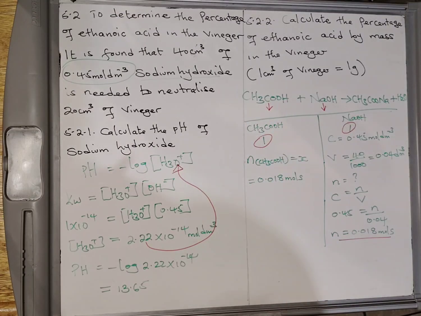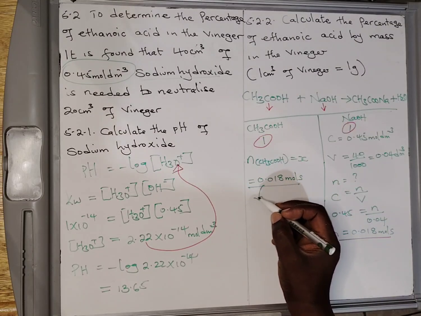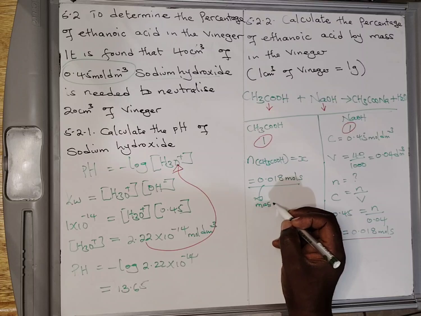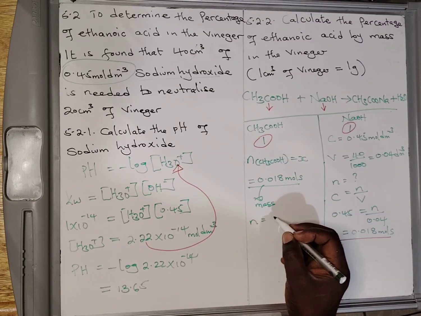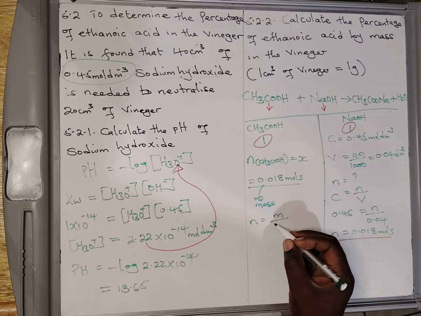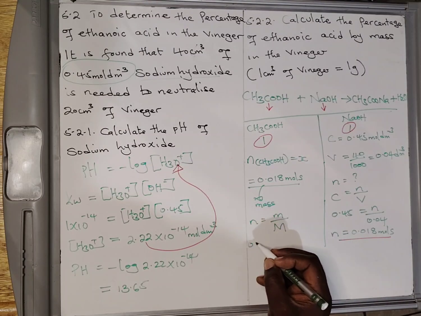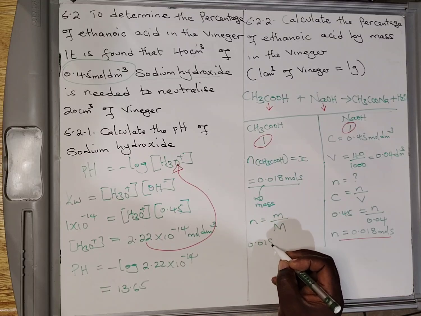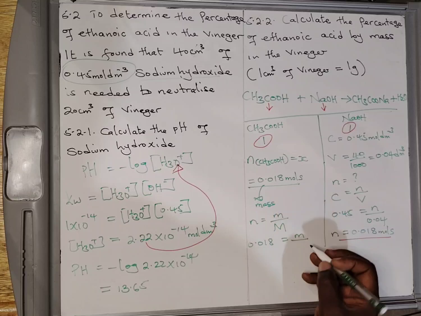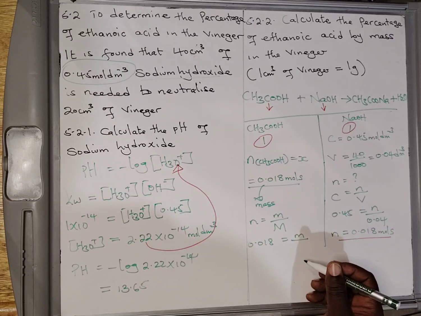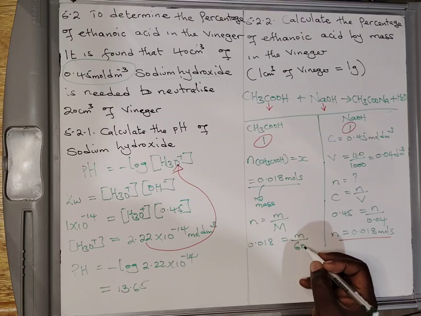What do we do? We convert these moles to mass using the formula N is equal to m over molar mass. Our N is 0.018, our mass is wanted, and the molar mass for ethanoic acid is 60.